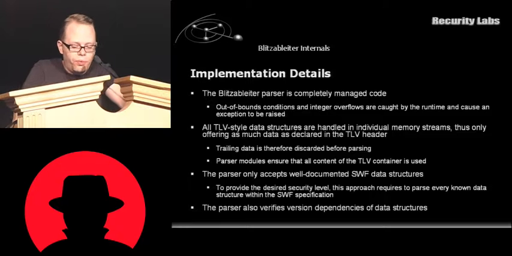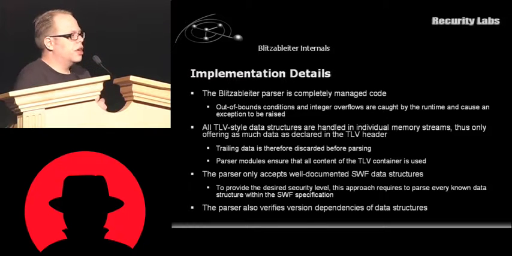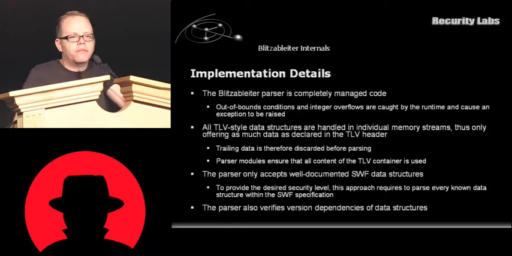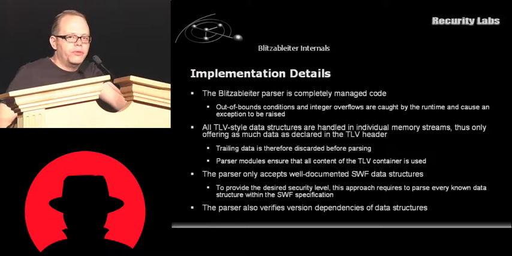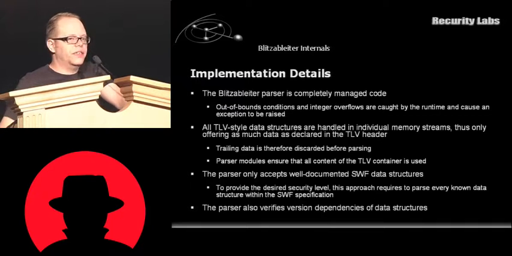The thing is, we have to actually implement a pretty much secure parser in order for this to be helpful. So what we did is we use managed code strictly within .NET. This allows us to define buffers and memory regions that we work on, and then have the CLR take care of whether we have out-of-bounds reads or integer overflows, which would otherwise be very, very tedious and error-prone to check manually every time.